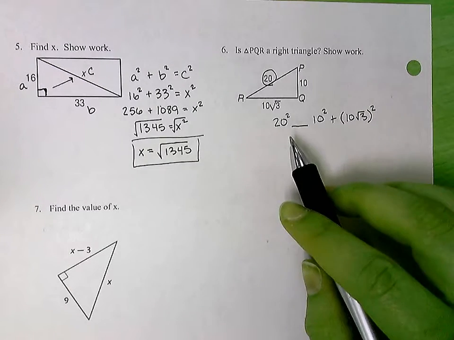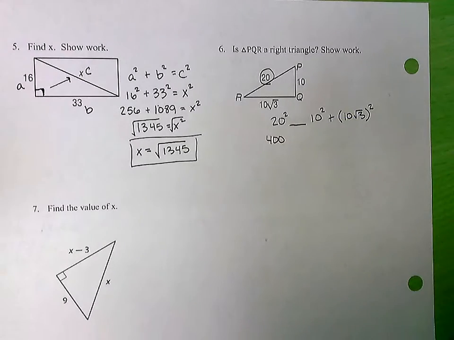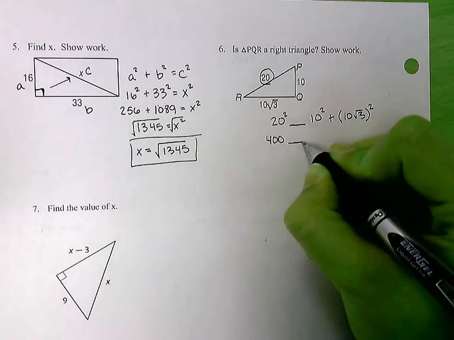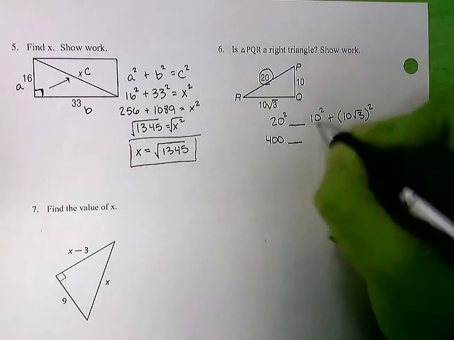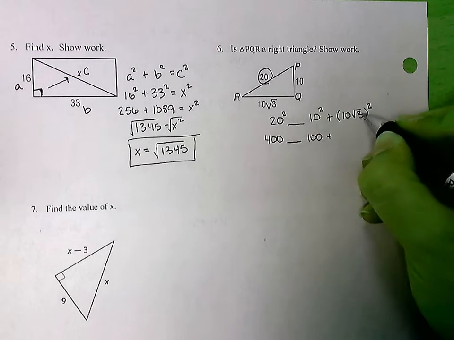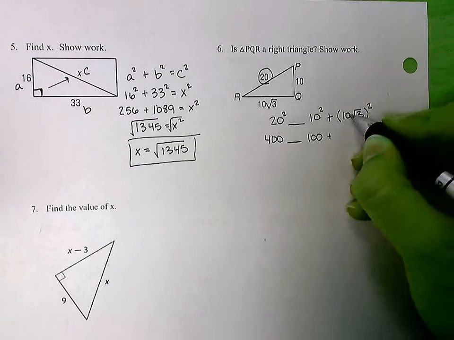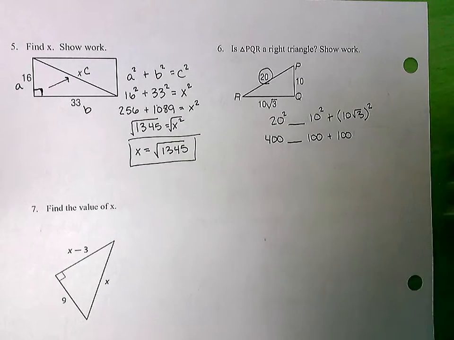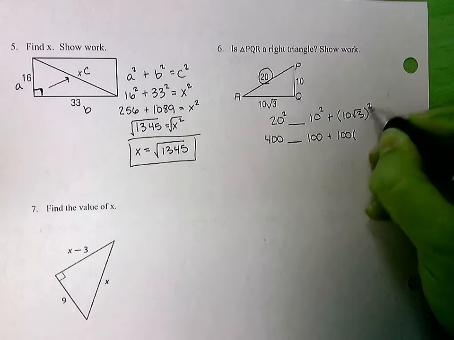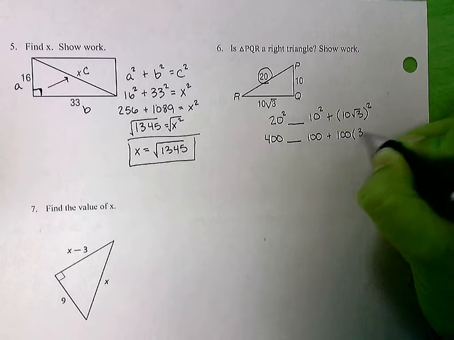So just simplifying here, I have 20 squared is 400 compared to 10 squared is 100 plus, distribute that square to both terms since they are multiplied together. So I have 10 squared is 100 times square root of 3 squared. Those cancel, so I'm left with 3.